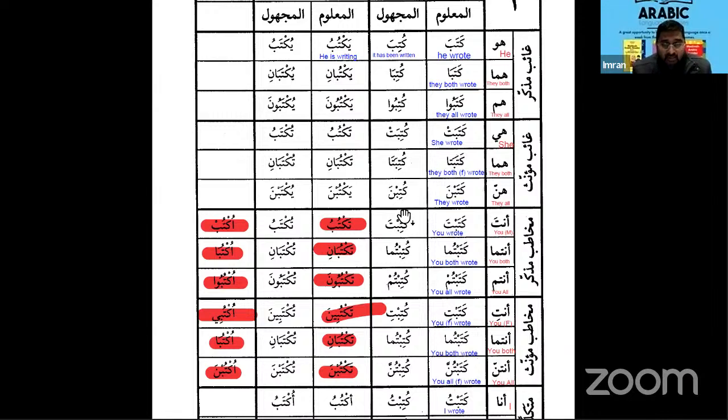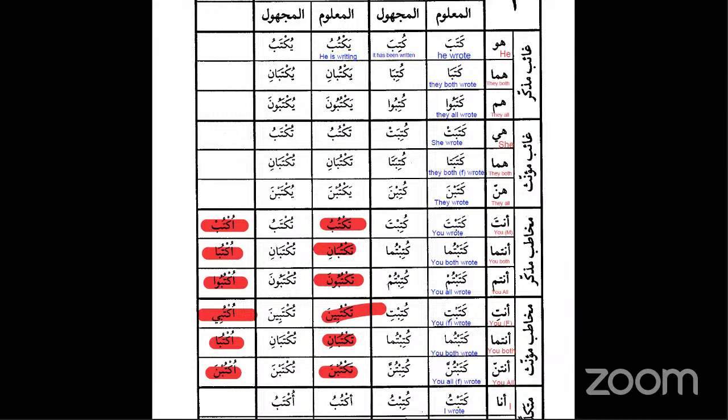The ta is silent, and it remains silent in all of the remaining eight, because they are mutaharik pronouns. Anta kutibta, antuma kutibtuma, antum kutibtum, anti kutibti, antuma kutibtuma, antunna kutibtunna, ana kutibtu, nahnu kutibna. Correct.